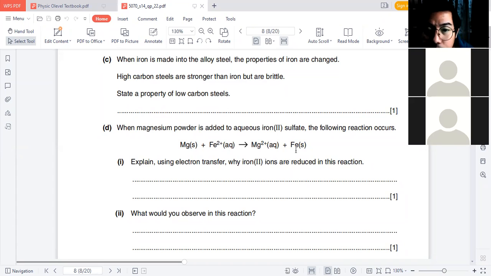So in this case, a precipitation is going on, because there is a solid.